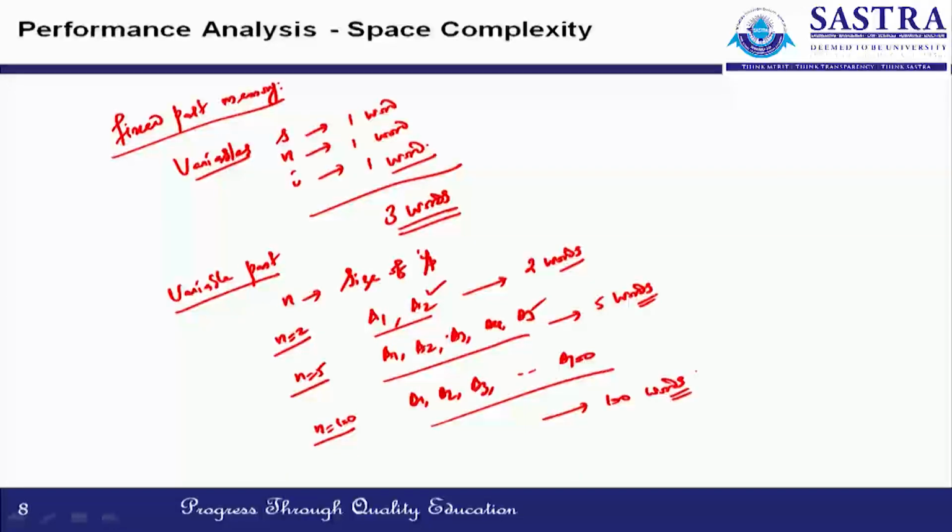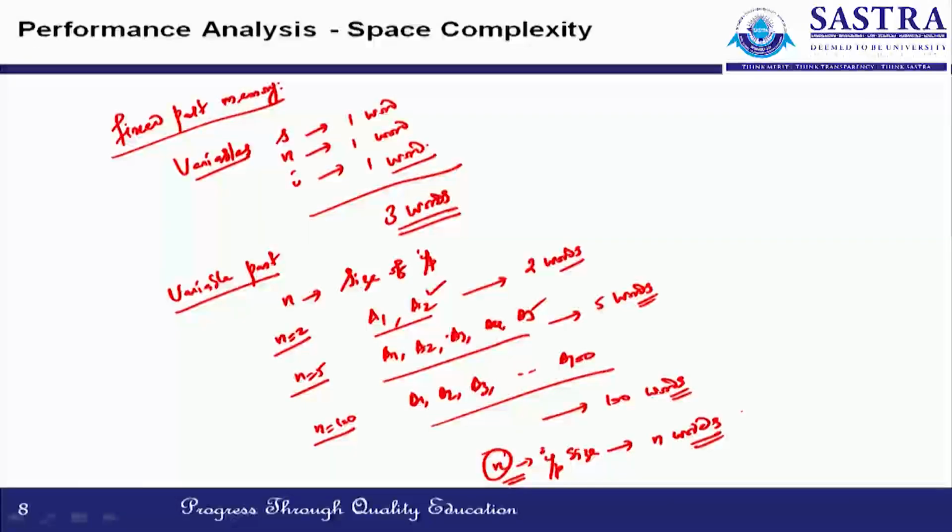So in general, if the input size is small n, n represents the input size. Since here the problem instances are characterized by the size of the input, the variable part memory depends on the problem instance characteristics. Based on the size of input n, it requires n words of memory.